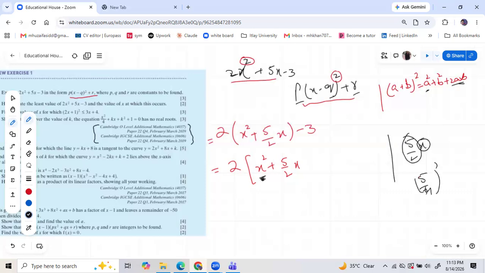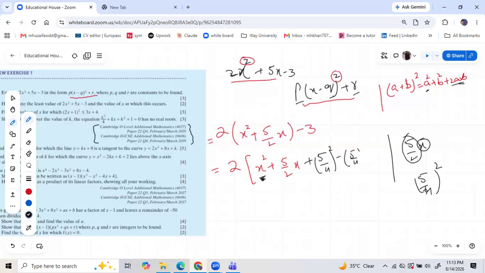We are taking add and subtract (5 over 4) square, taking positive and negative. Okay, look at it here. (5 over 4) square is added and subtracted.